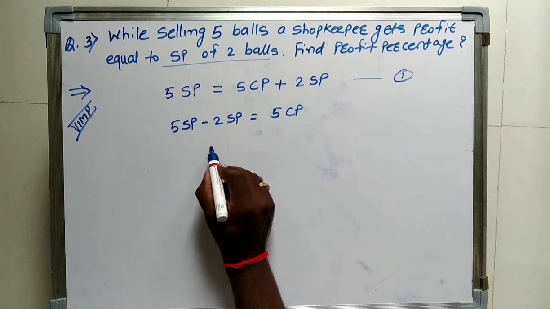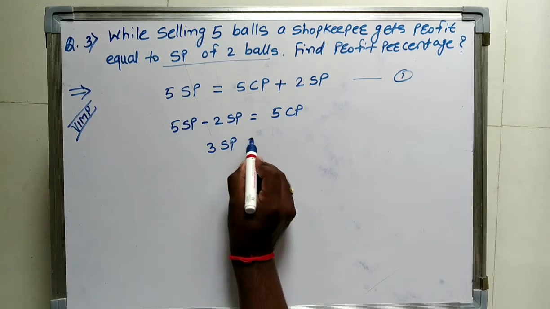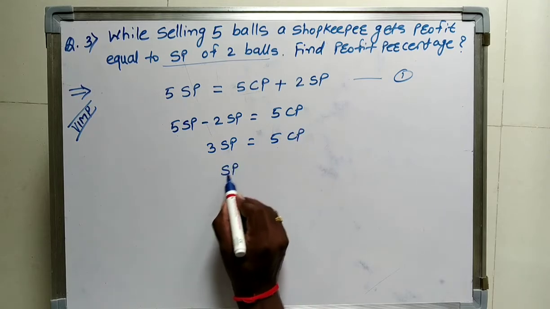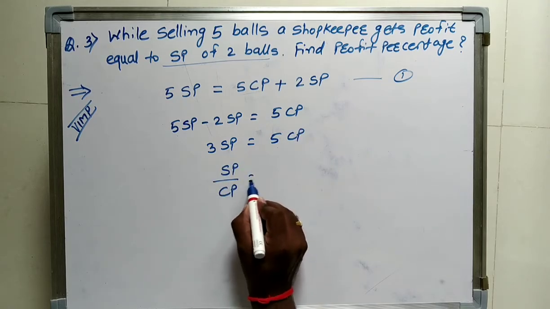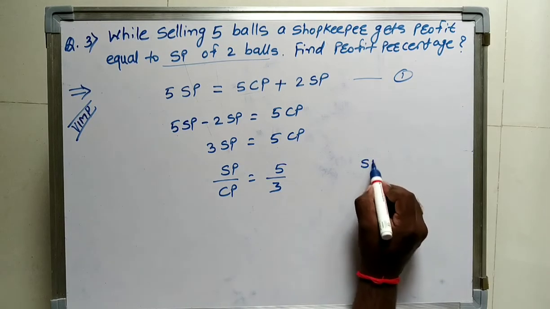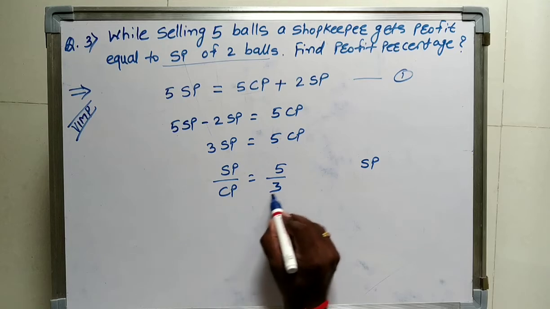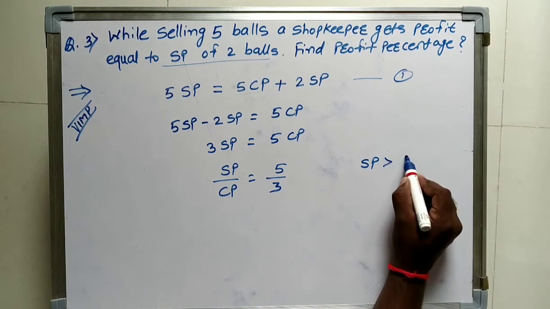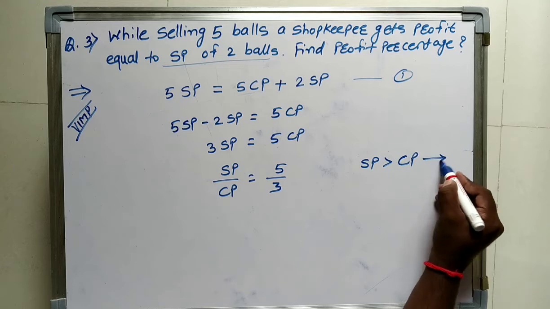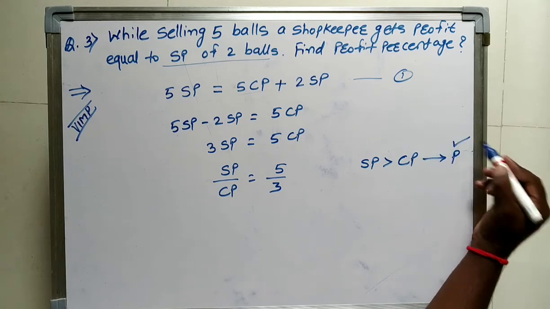So 5 minus 2, that is 3 SP, is equal to 5 CP. So SP upon CP is equal to 5 divided by 3. Here SP is 5 and CP is 3. So SP is greater than CP, which means there will be a profit.